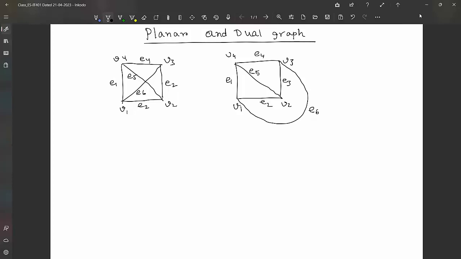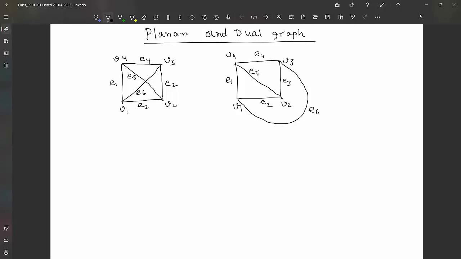If you can draw the graph in this way that no edges will overlap, then we say that this graph is a planar graph, otherwise not. So if it is possible to draw the graph such that the edges will not overlap, then this graph is called a planar graph, otherwise not.